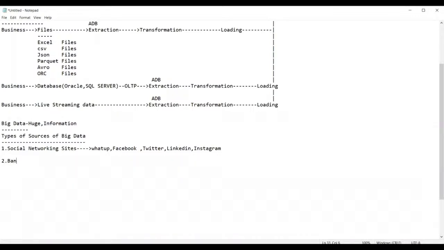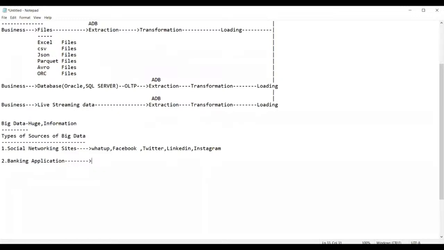We can say the second source is banking applications. Across the globe, banking applications are considered a major source of getting big data.